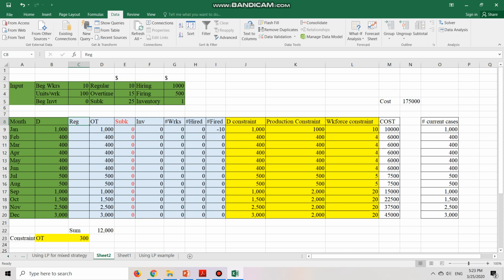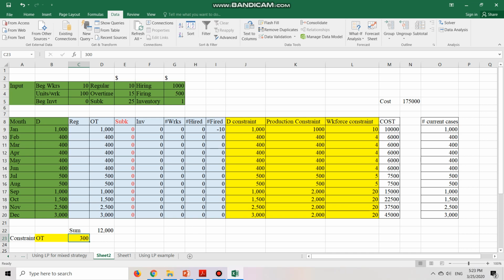Next we have to determine the constraints. Here we have four constraints. The first one is the demand constraint. The second one is the production constraint. The third one is the workforce constraint. And finally, the overtime constraint.